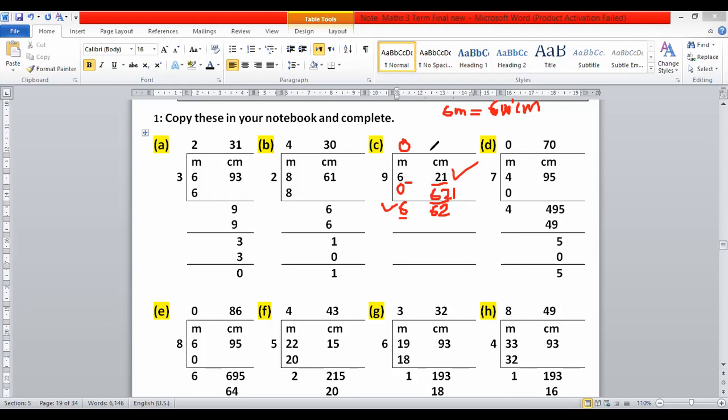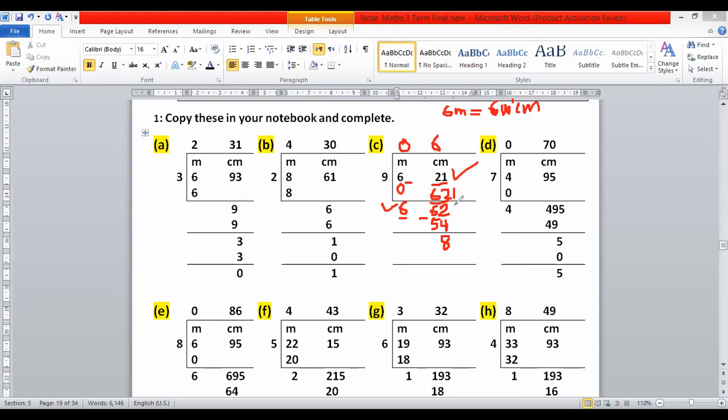Now count the table of 9. 9 sixes are 54. Now subtract 54 from 62. Here we take 1 from 6, we get 5, and here we get 12. 12 minus 4, we get 8.